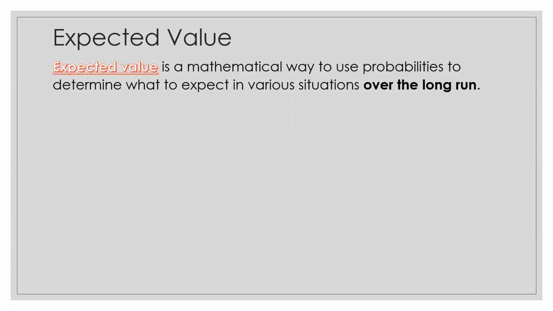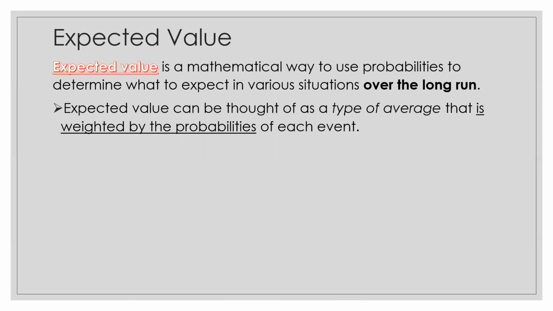Not just one particular spin, but if you play the game for a while, what would you expect to win? So we use probability to determine what to expect in various situations.